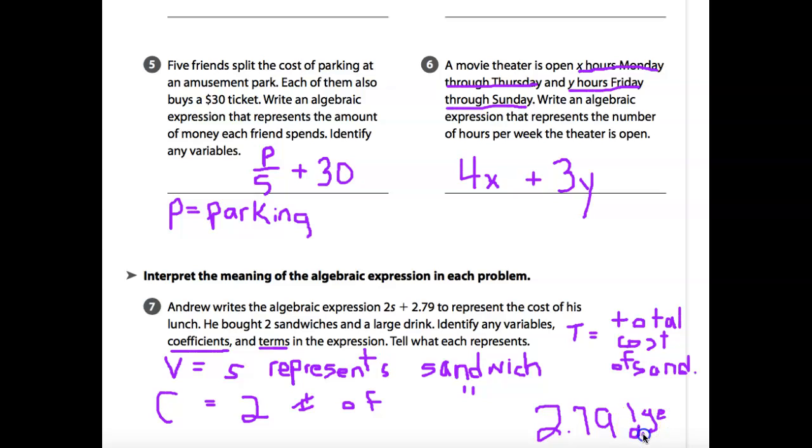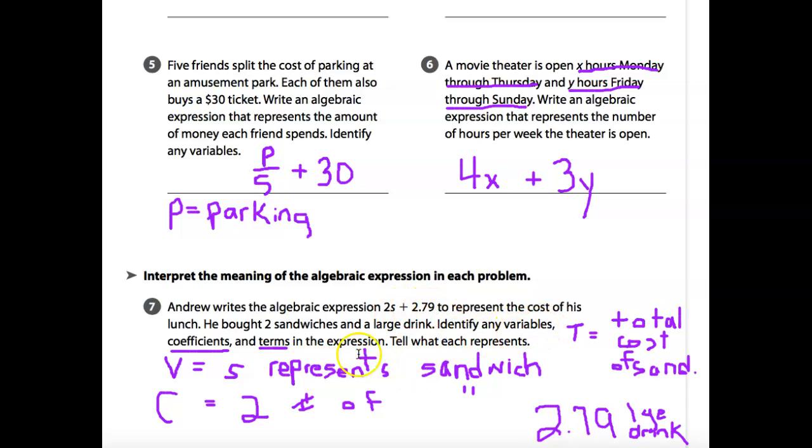So let's look that over again. Okay. So Andrew writes the algebraic expression 2s plus 2.79, so that would be $2.79, to represent the cost of his lunch. So he bought 2 sandwiches, 2 times s, the price of the sandwich, okay, and a large drink. So he bought 2s, 2 sandwiches, plus $2.79.